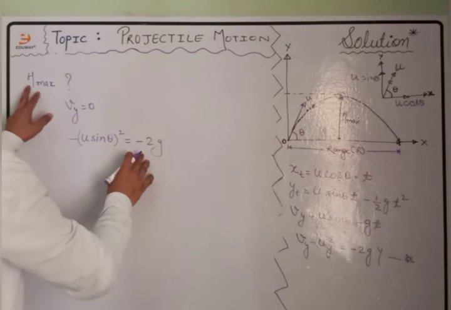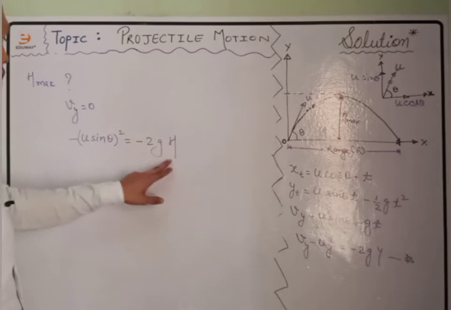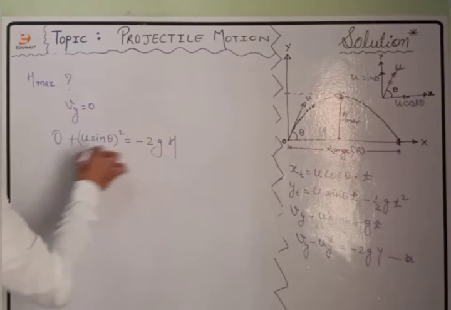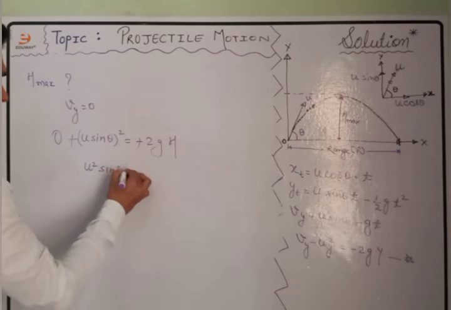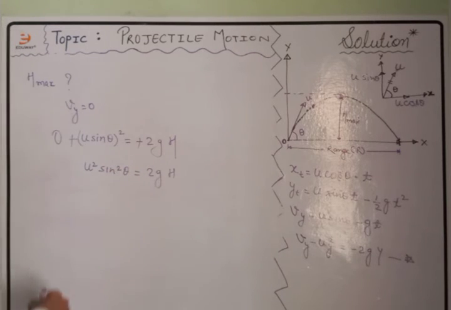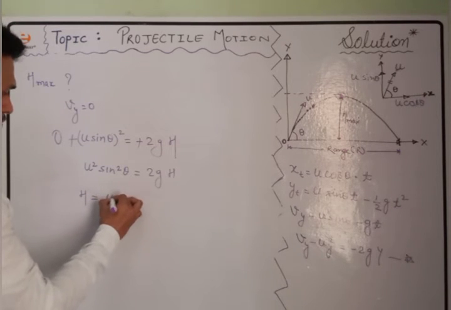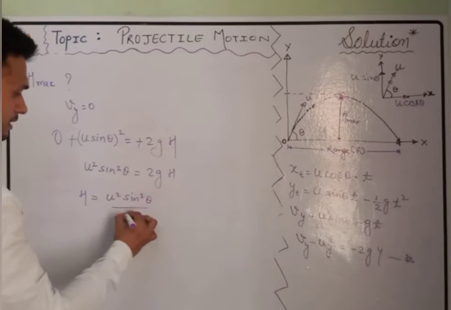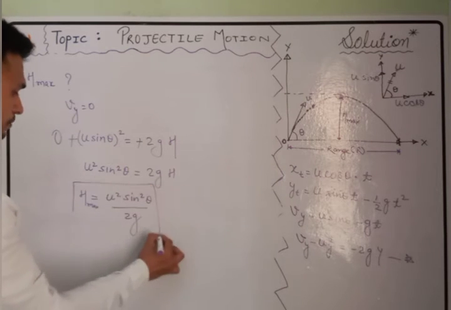The y we have taken is h max, or capital H, because at this point Vy will be 0, so we have used the value 0. From minus to minus cancel, we can write u square sine square theta equals 2gh, and we can write it as h equals u square sine square theta by 2g, and this is the maximum height.